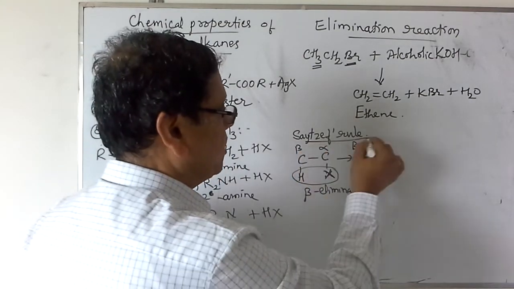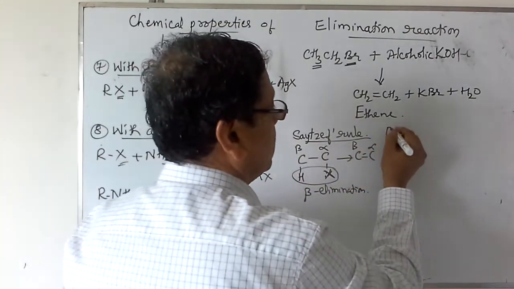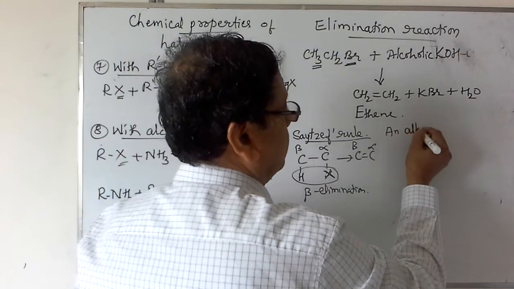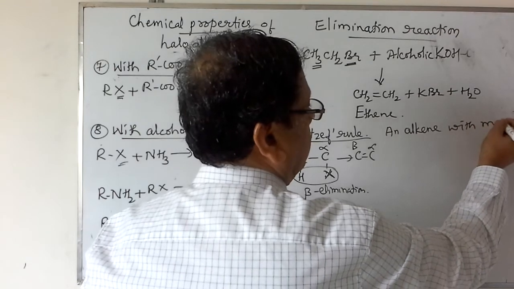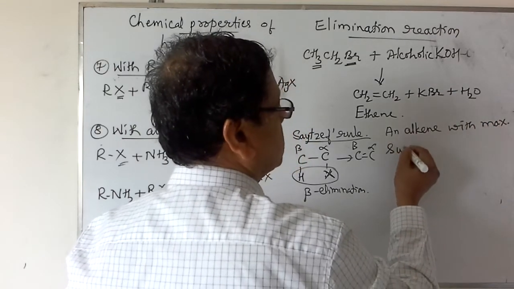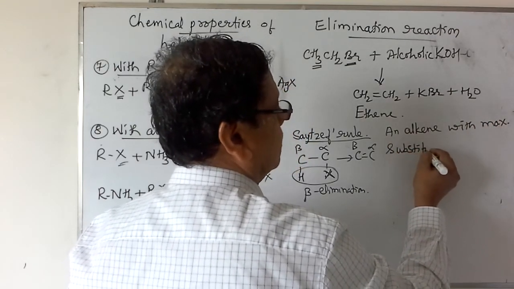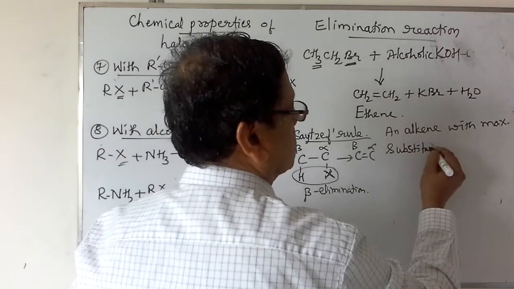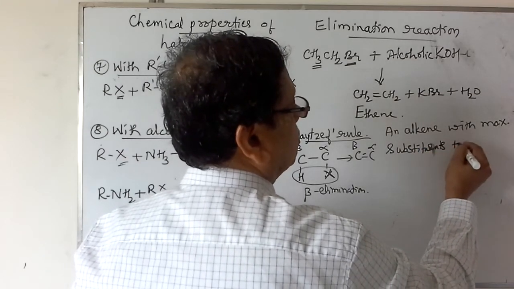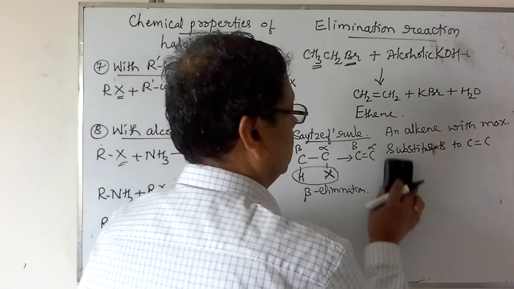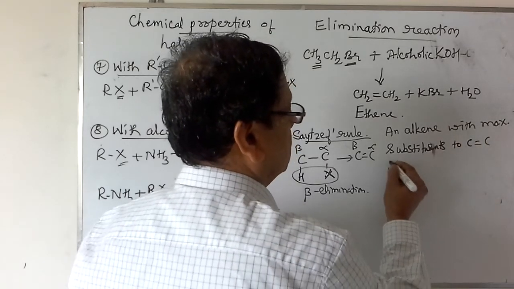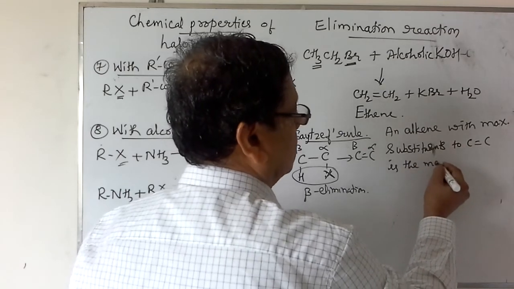But according to Saytzeff's rule, the alkene with maximum substituents on the carbon-carbon double bond is the major product.